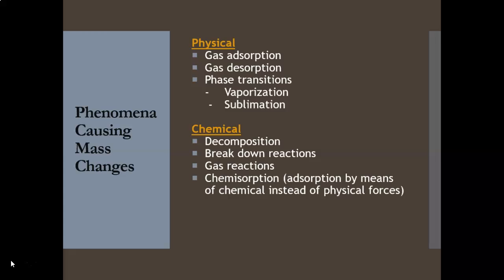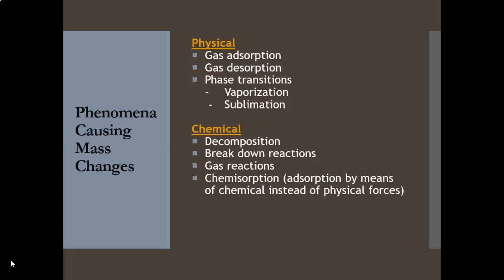So weight losses may result from the physical desorption of a gas or moisture, to chemical decomposition of the material. And the nature of the degradation process is frequently affected by the atmosphere surrounding the sample, which in most instrumentation may be controlled through the use of an appropriate inert or oxidative gas stream. So of course, when you use a TGA, it will need a gas flow.